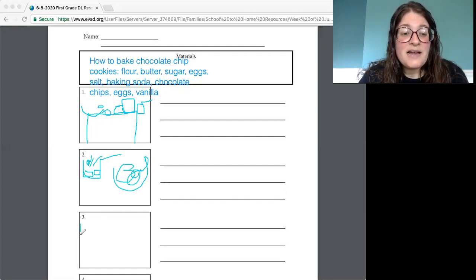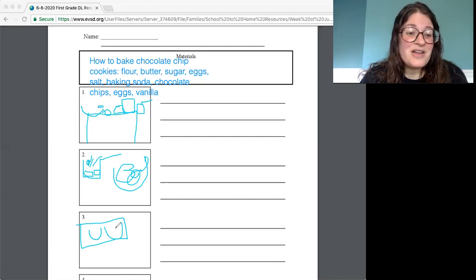And then for the next step, I would put the two ingredients together. So when you're writing a how-to, you really have to think about what are the steps you would tell someone that has never done this before, so they don't mix anything else up. So here goes my wet ingredients to the dry.